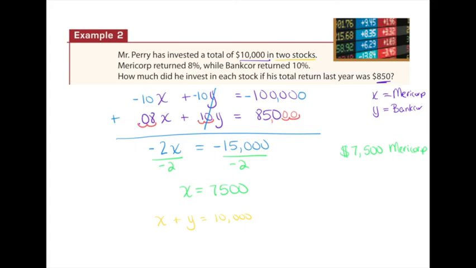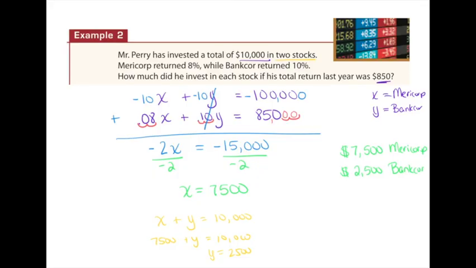Yeah, just plug it in. So we're just going to plug in my 7,500 and subtract it over, right? Subtract it over, you're going to get Y equals 2,500, which means that he had 2,500 invested in Bank Corps.